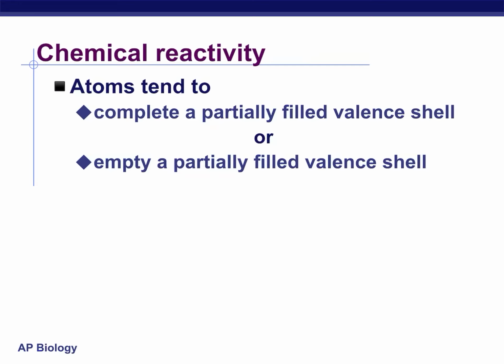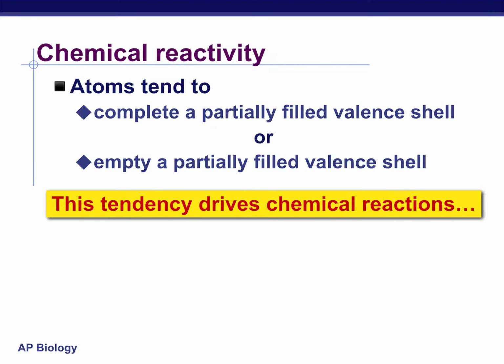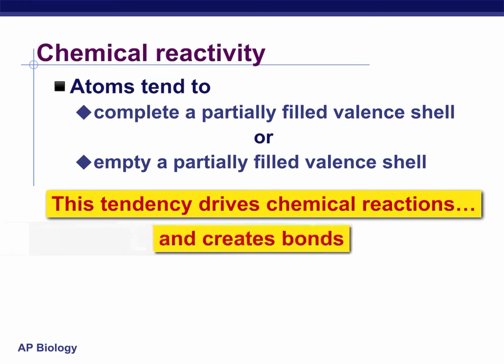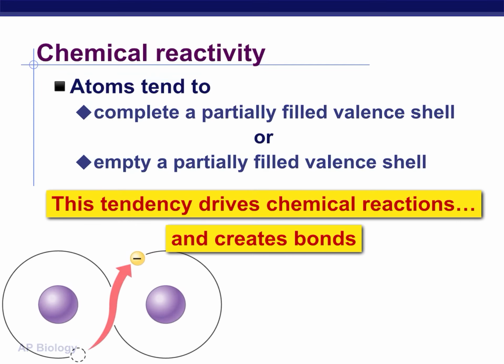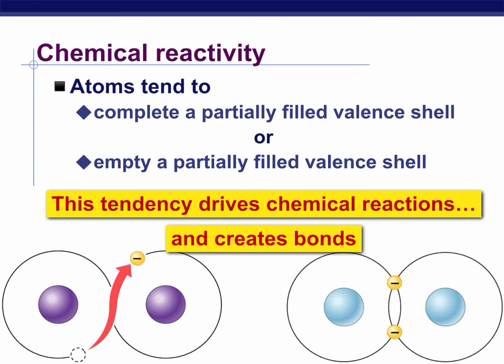They want to become stable, and unless they're a noble gas and already perfect, they need to create bonds to do that. They either need to get rid of electrons or gain electrons. This tendency is what gives us chemical reactions, creates bonds, and creates the biological molecules that we see. So remember, these atoms are either going to give up electrons or share them.